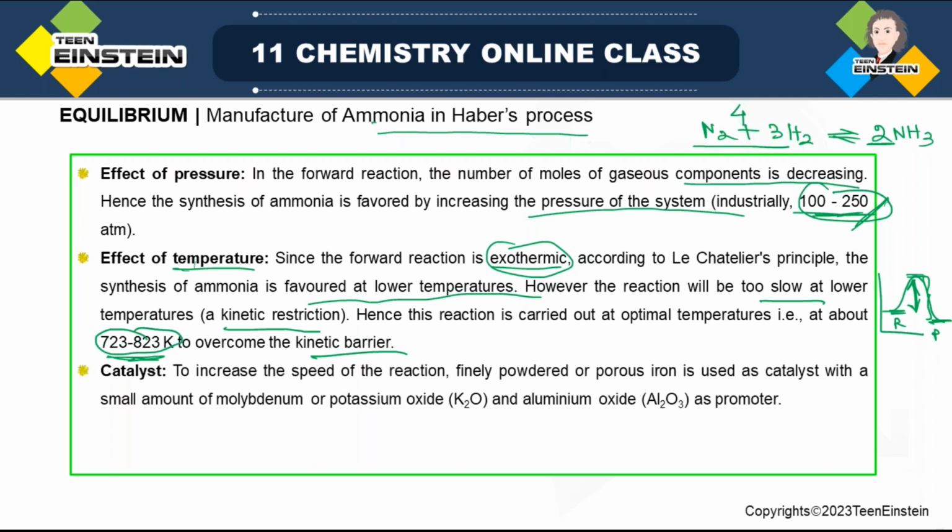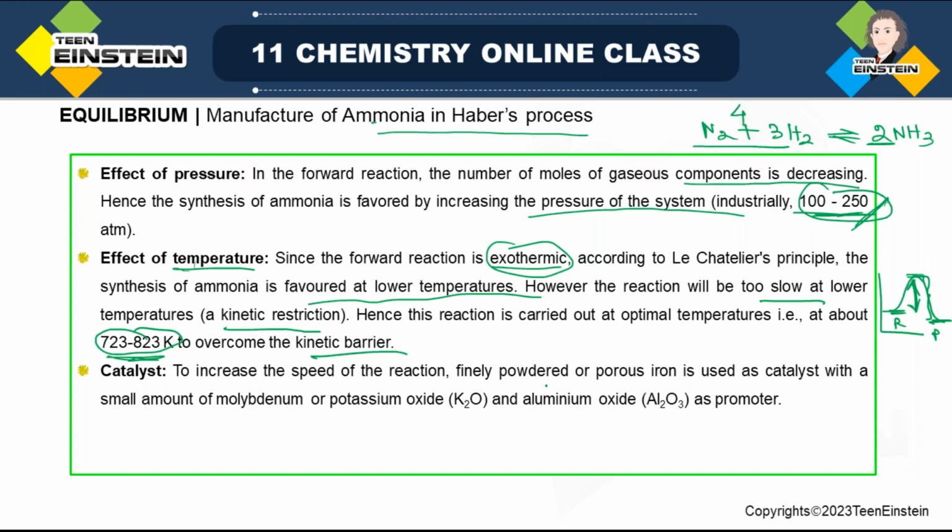Then catalyst. So it is true that catalyst has no effect on the equilibrium, but how fast we can reach the equilibrium, that factor is important when we are talking about a manufacturing process. So here the cost for the production of ammonia should be as low as possible. Now we will try to increase the speed of the reaction, that is, if it reaches the equilibrium condition fast, that is better.